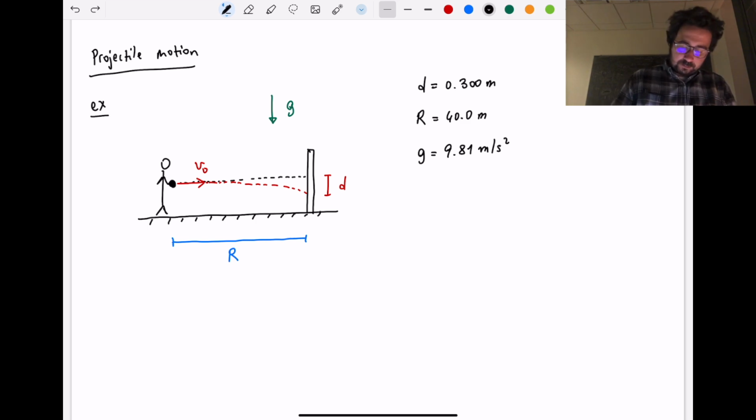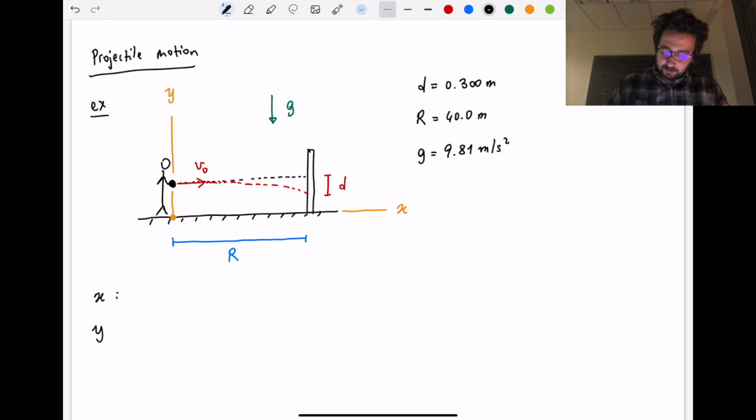Okay, now let us start with a reference frame, a coordinate system. Suppose to the right is positive x and upward is positive y. So the origin is right below the initial point of the arrow that we are sending through the crossbow. Now let us consider motion along x and motion along y separately.